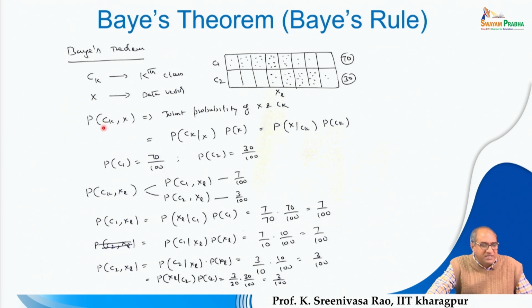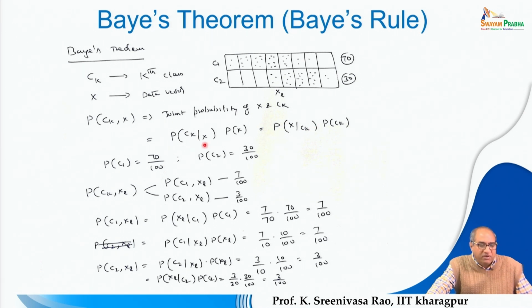Here k may be either 1 or 2, and x is the feature vector. So, the joint probability of class 1 comma vector or class 2 comma vector can be written as probability of Ck given x into probability of x, or probability of x given Ck into probability of Ck.